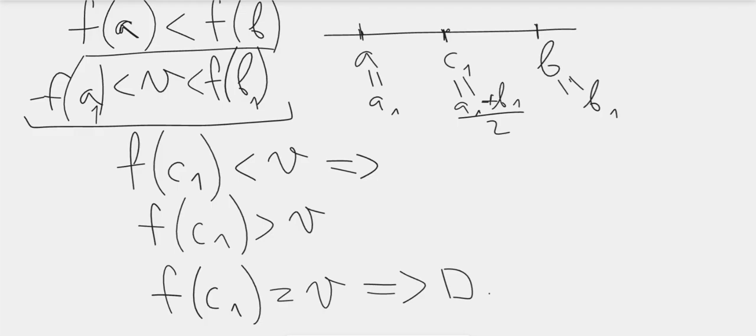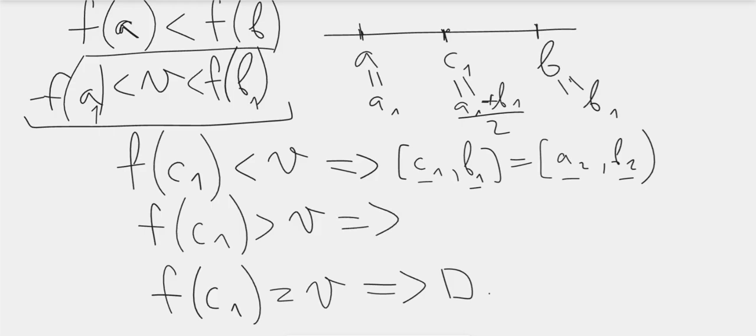So we take the interval from c1 to b1 and denote it as the interval a2, b2. So basically we set a2 to be c1 and b2 to be b1.